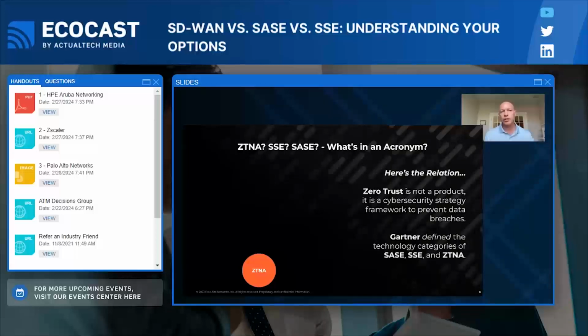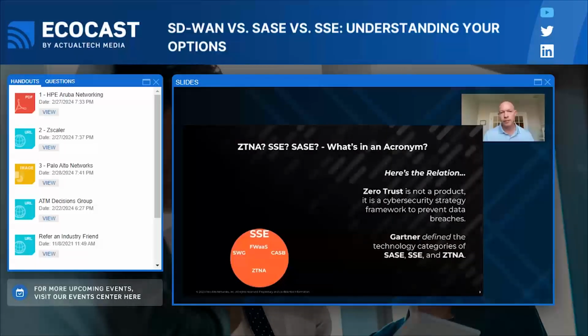Now if we want to concentric circle this thing out, ZTNA is part of an SSE as defined by Gartner, which also includes things like secure web or internet gateway, firewalls as a service, and CASB. So these four components together are your typical SSE.